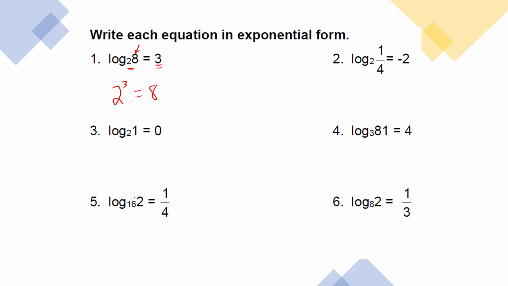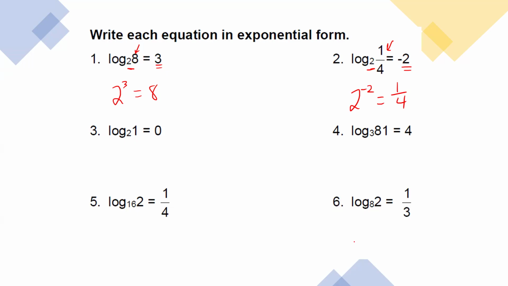You're just rewriting it. So you're writing a log in terms of an exponent. Okay, let's try it again. So again, the base of the log becomes the base of the exponent. The solution of the log becomes the power of the exponent. And the argument becomes the solution of the exponent. Because if you could undo something, that means you understand.